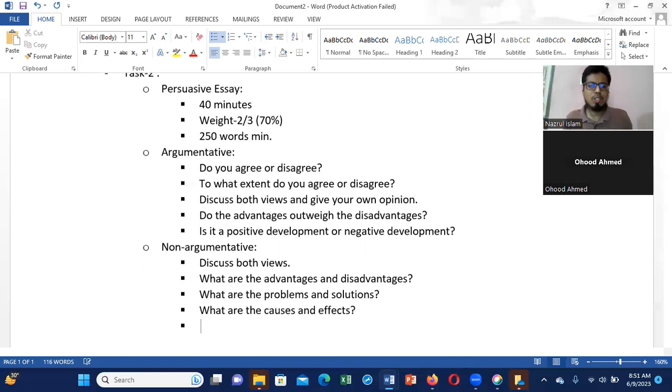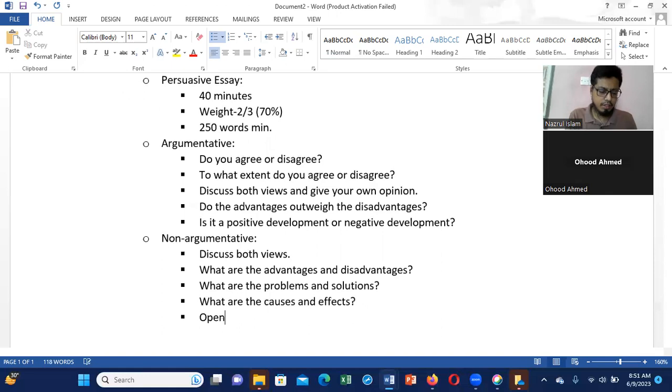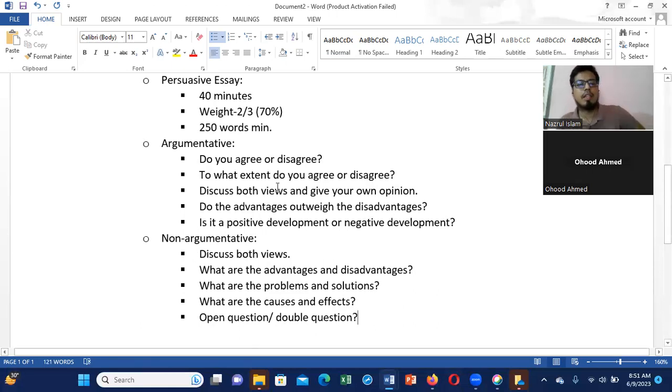And the last one, open question, or some people say double question. In your exam, any of these types you will get. Here you can see five items.